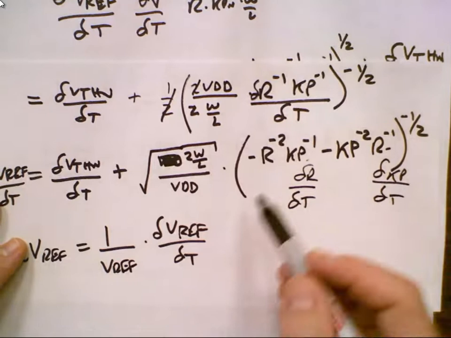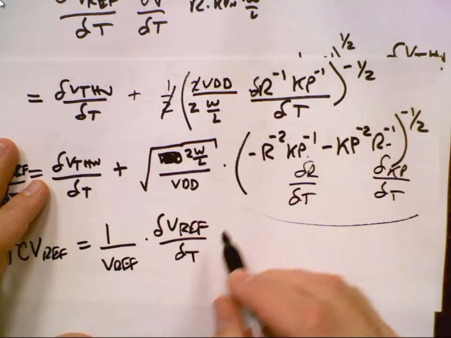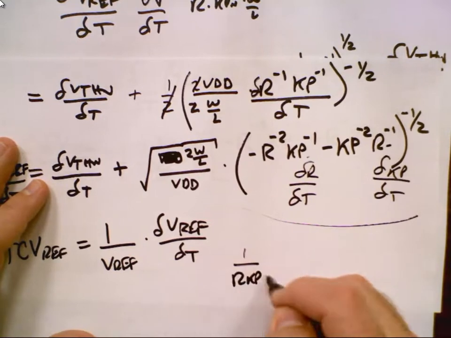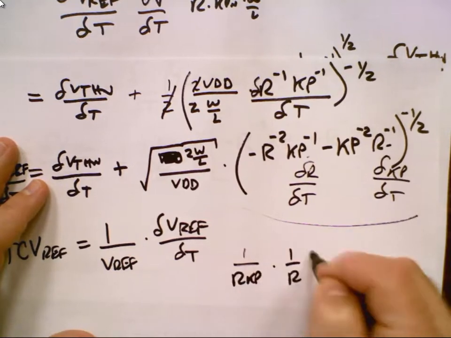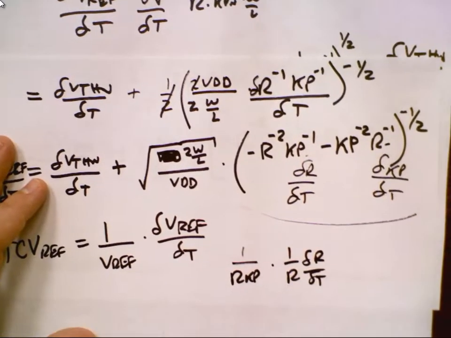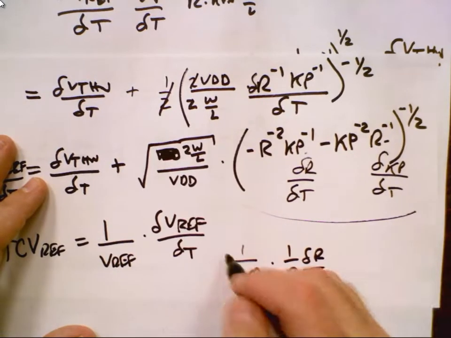All right, so then I can rewrite this part only, and I'm probably going to stop because we're wasting too much time on this, is 1 over R Kp times 1 over R del T. So the minus 2, there's our 2 R's, right? And then I can put the minus here too.